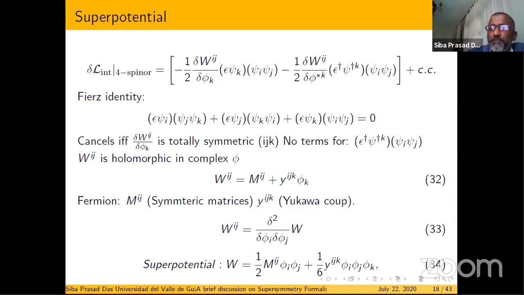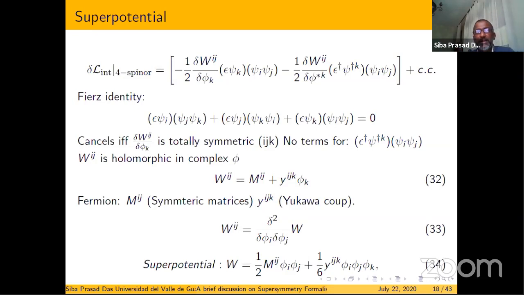If you do so, you also have to use the Fierz identity for the corresponding fermions. It is some similar kind of Bianchi identity for the generator. So it cancels if and only if you exploit this Fierz identity in the L interaction. This will cancel if and only if the derivative of W_ij with respect to phi_k is totally symmetric in ijk.